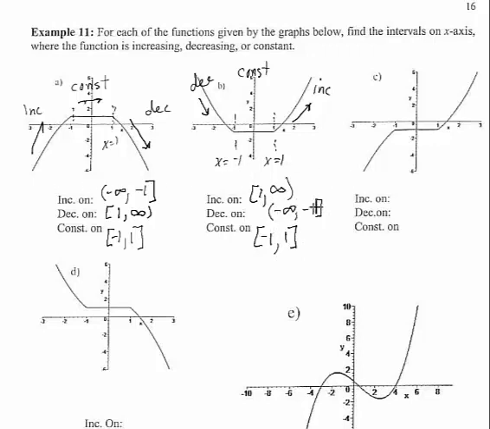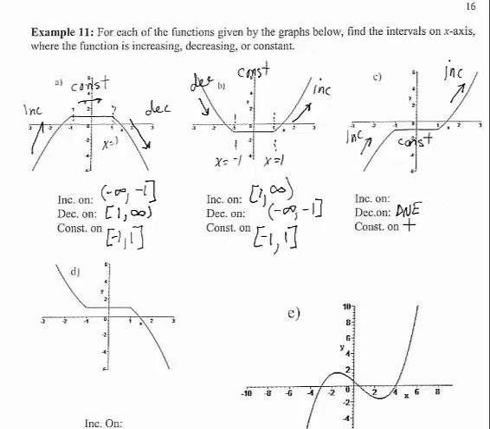Pretty much the only time we use a parenthesis for a specific number is if the function comes to an end or we have an open dot. So I'm simply going to label this graph as to its behavior, and you see that we're either always going up or we flatten out. There is no downhill region of this function. So for decreasing, we would say DNE, does not exist.